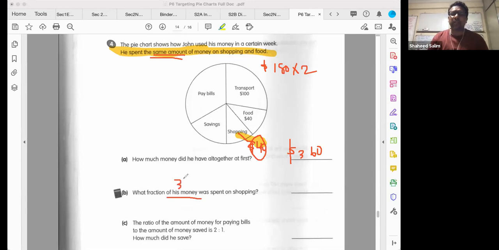His money is 360. Shopping is how much? Shopping is 40. Come on. 40 over 360. Surely you know. We know, but we are too tired. We do not want to participate. Don't be like that. Your parents pay the money and leave. Divide by 4, divide by 4. 1 over 9. It's as if I'm teaching my own self. 1 over 9. Okay. Next one.